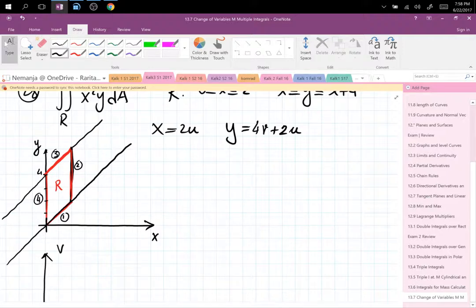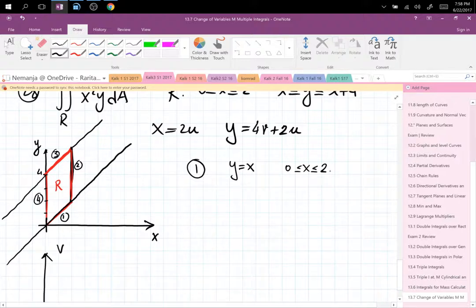Let's transform number 1. So what do I have for number 1? I have y equals x, and x is stuck between 0 and 2. So what is u equal to, and what is v equal to? If you look at this transformation here, it is sometimes helpful to solve this transformation for u and v.